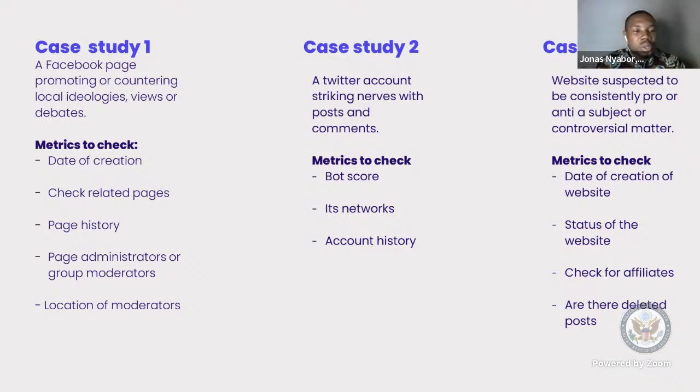The page history is also very useful. In the page history, you can find information like whether the name of this page has been changed, for instance. This is very important because a very common instance that we found is that people create pages based on a particular idea that they know would help them get a lot of followers.